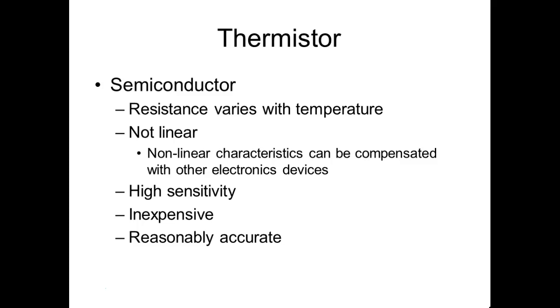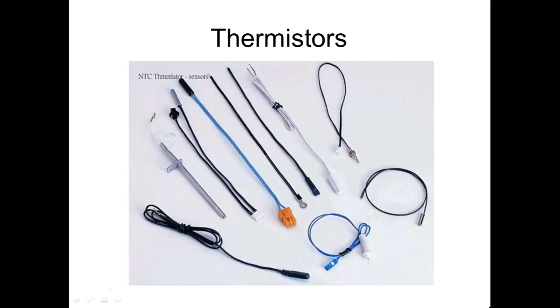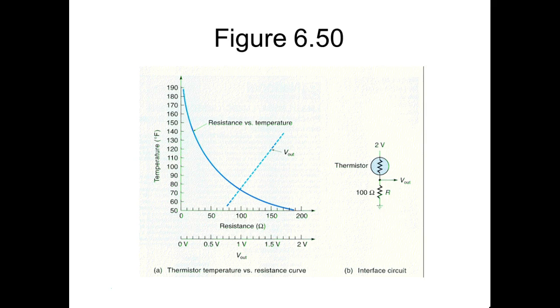So these guys have to be externally excited. They're not linear. This is the problem we have. I think I might have a curve up here. So this is basically a curve for a thermistor, because it's semiconductors, and semiconductors have a problem with linearity. So this varies in a curve.